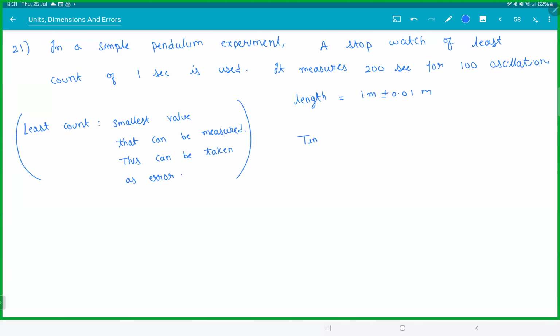This is the time period formula: two pi root over L by G. Find the percent error in gravity. So using this experiment, you can find the gravity. This is an important model.